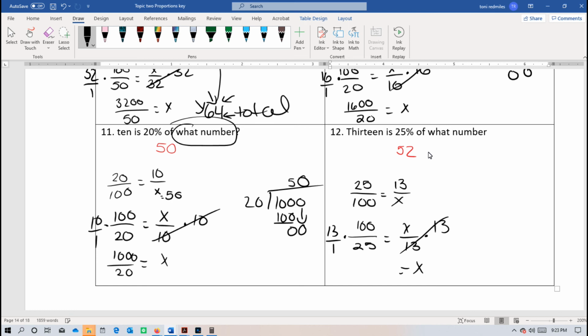All right, and over here I'm going to get 1300 over 25. So let's go ahead and do this division. Well, 25 can go into 130 5 times. That's going to be 125, leaving me with a remainder of 5, dropping down the 0. 25 can go into 50 2 times, which is 50. So I'm done. The answer is 52.